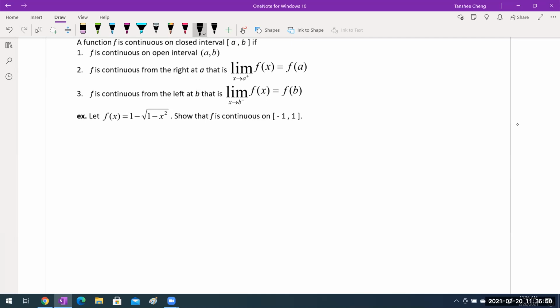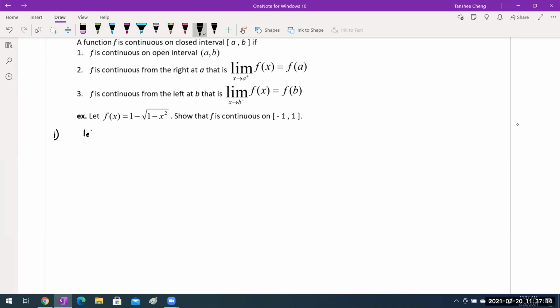First, this is very important, you need to write it properly. First, what we need to do is show that it is continuous at any number between -1 and 1, not including those endpoints. So to indicate that in general, I'm proving part 1.